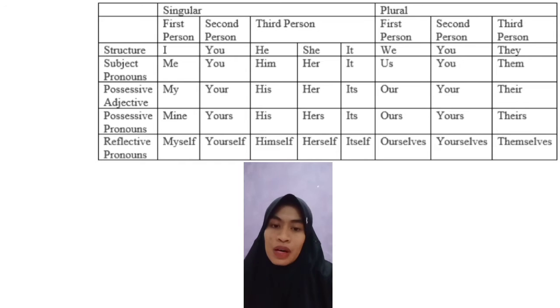They are mine, yours, theirs, and so on, as you can see in our table. Lastly is reflective pronouns. It is reflecting noun or a group of nouns. So we use the word myself, yourself, ourselves, themselves, as you can see, and also there are more in the table.